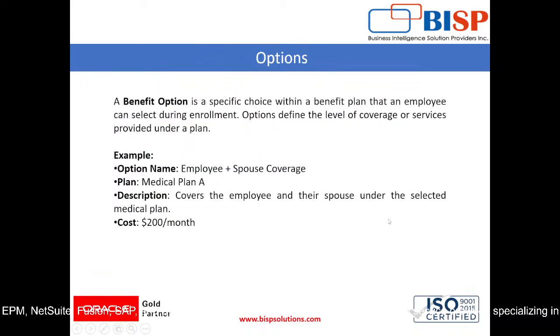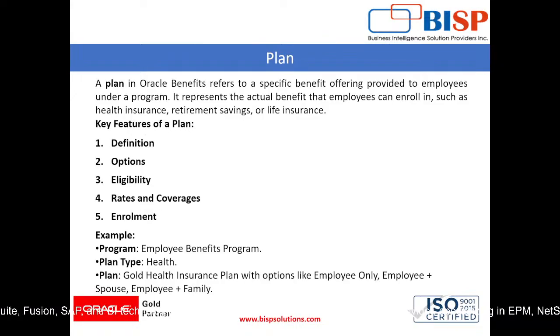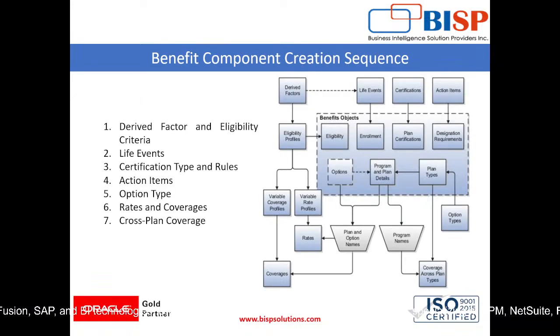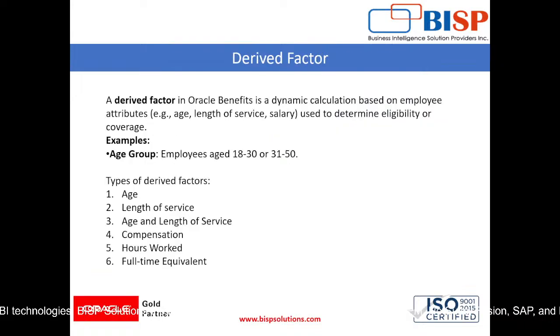Then we saw what are options, what are plans, what are the component creation sequence, so how the components will be created. What is it derived factors?